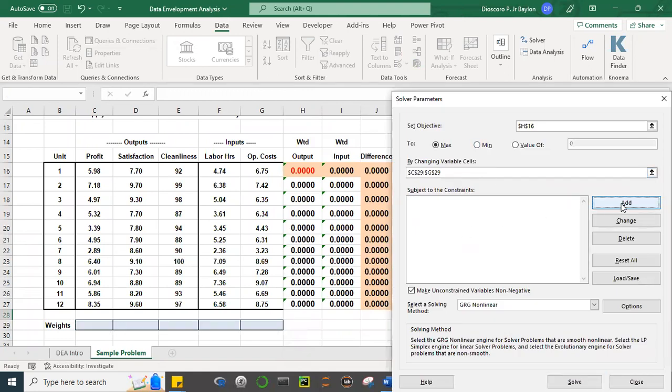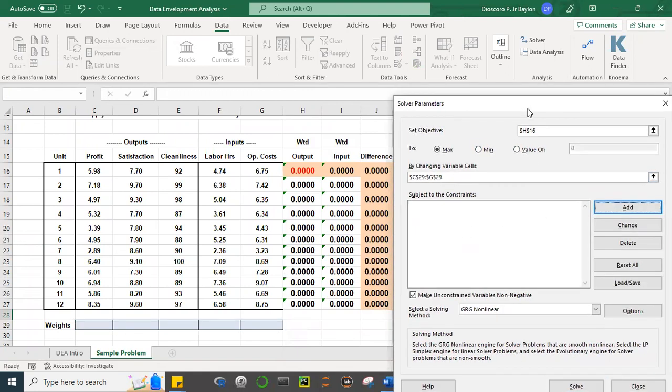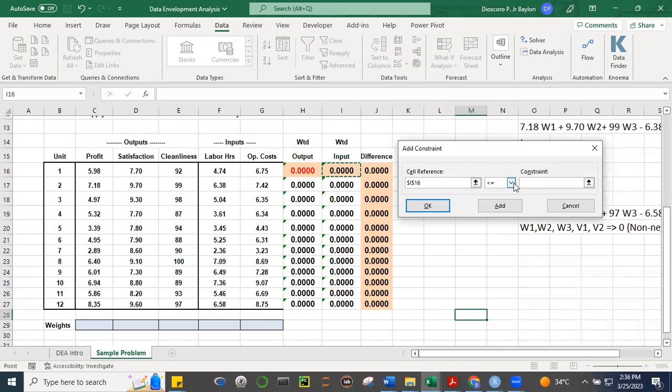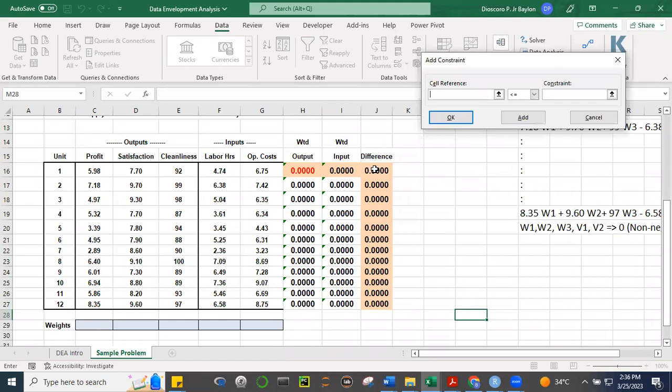So let's add our constraints. The weighted input for the unit in consideration should be equal to 1. All right, and then add the differences should be less than or equal to 0.